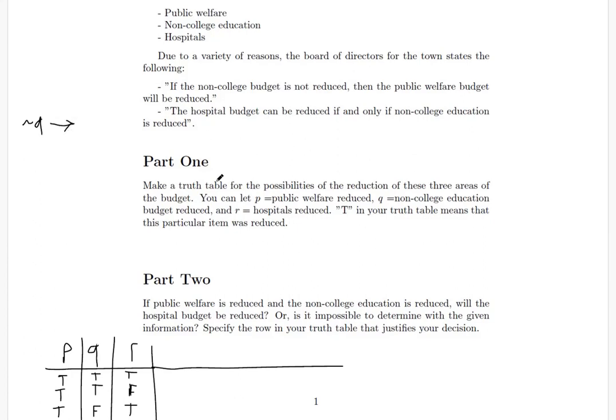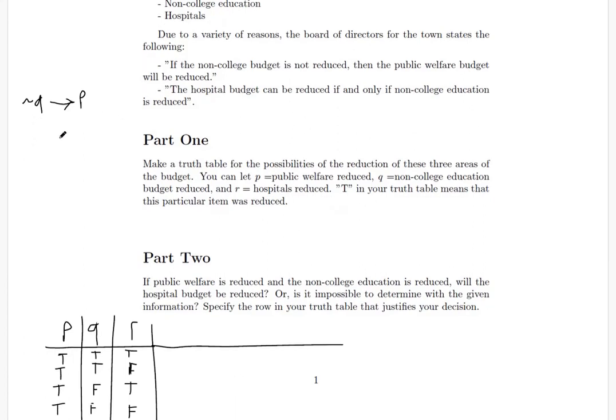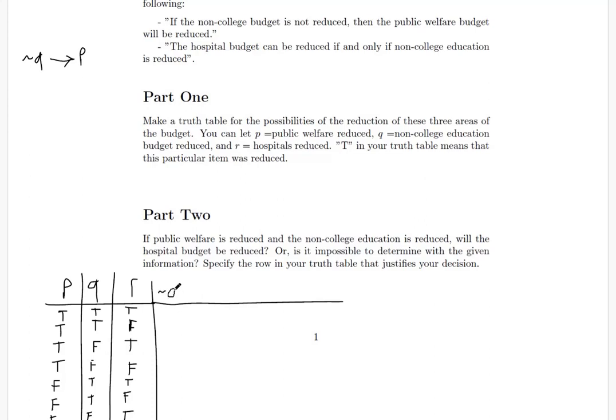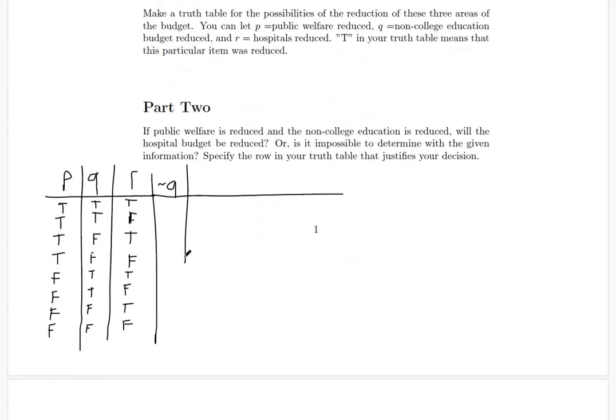Public welfare was P. So the negation of Q implies P is what that first one translates to. So I need to have a negation of Q column. Everything in Q gets changed from true to false, and vice versa.